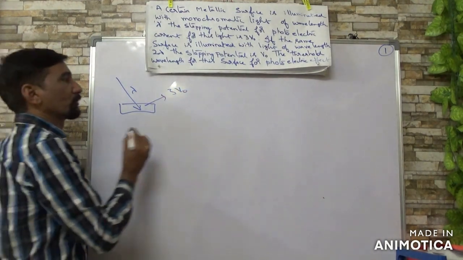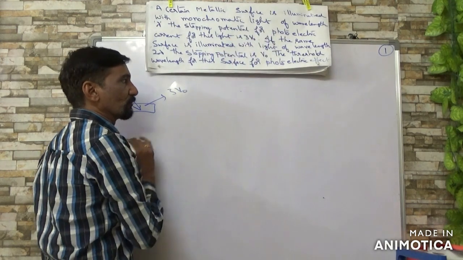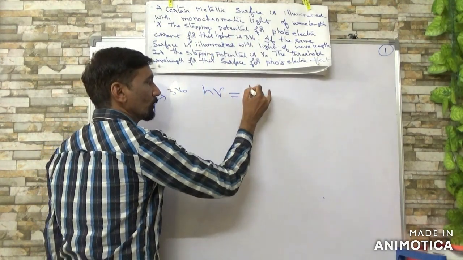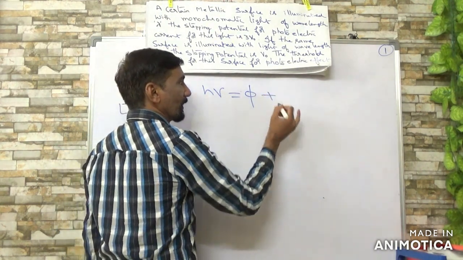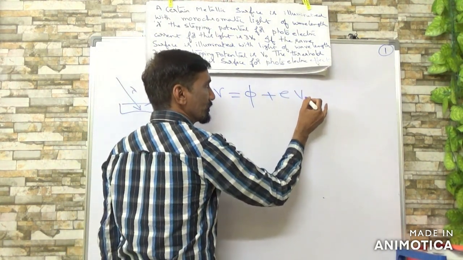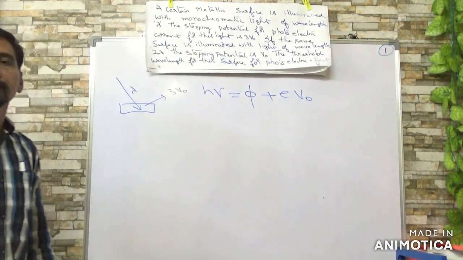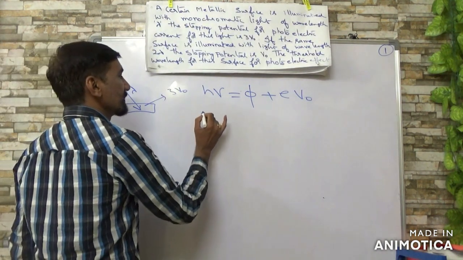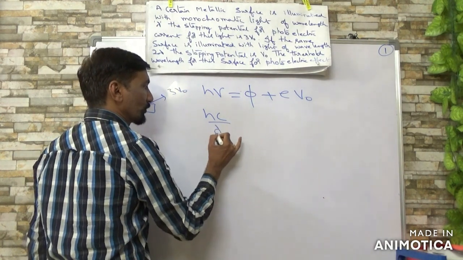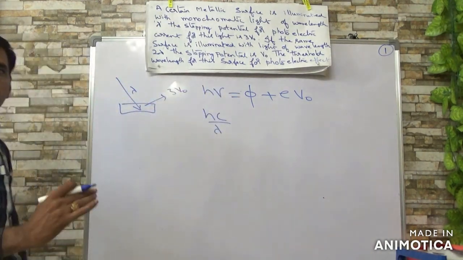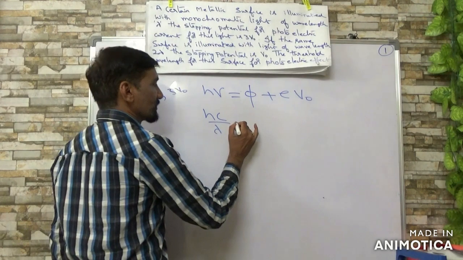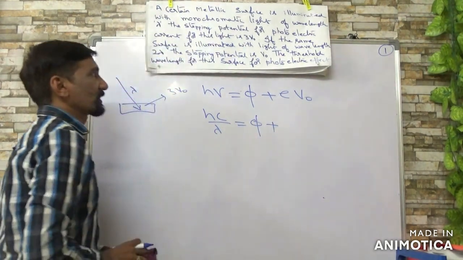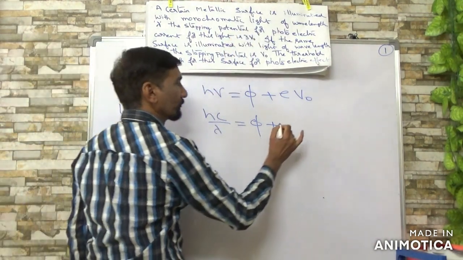According to Einstein's photoelectric equation, h nu equals work function plus kinetic energy, which can also be taken as eV naught. So in the first case, hc by lambda, since nu can be taken as c by lambda, is equal to work function plus 3eV naught.